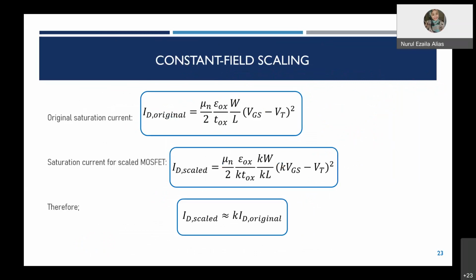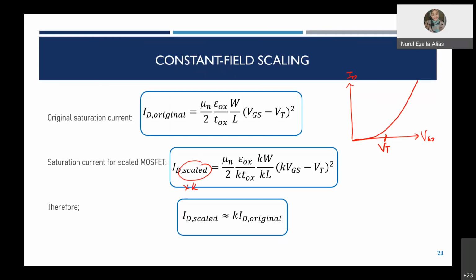So the original saturation current is given by this equation. I know that you are already familiar with it. Original current, so the current characteristic, the trend is like this. You have VGS and also ID, a square trend. So W over L times VGS minus VT squared. Scaling means you have to multiply by the K value, as you can see from here.